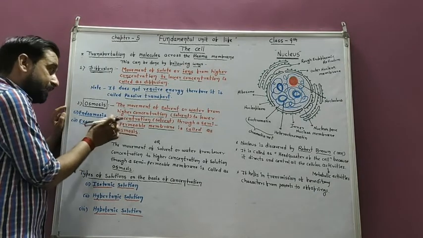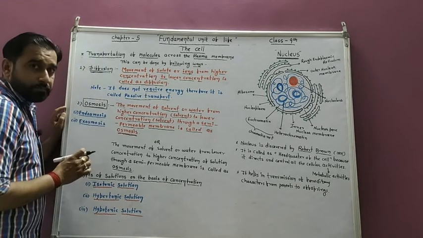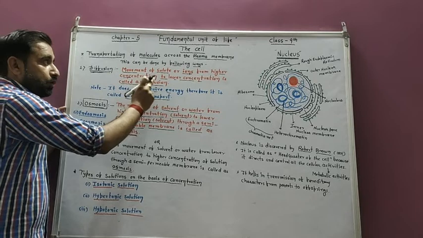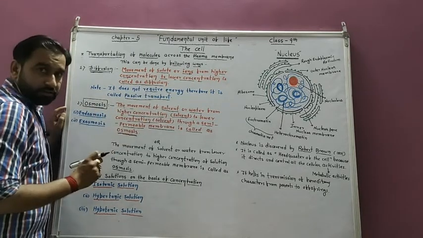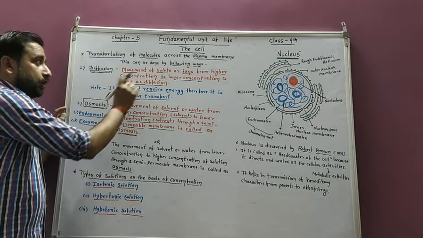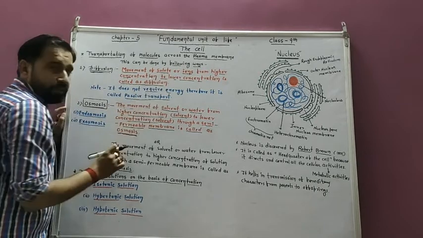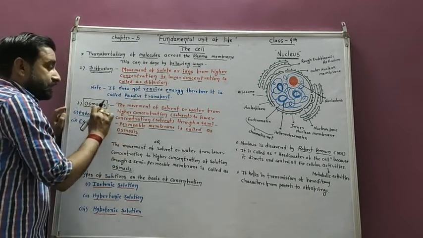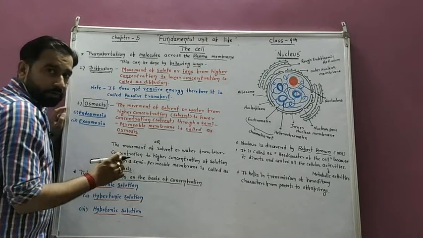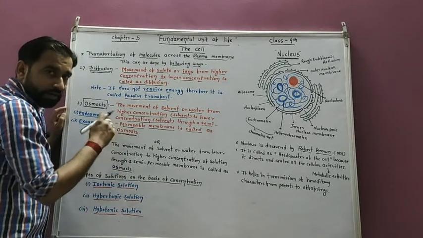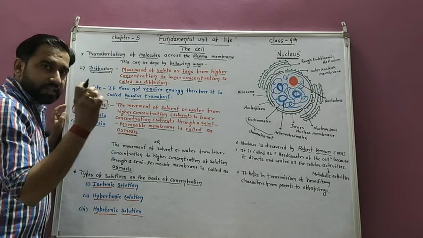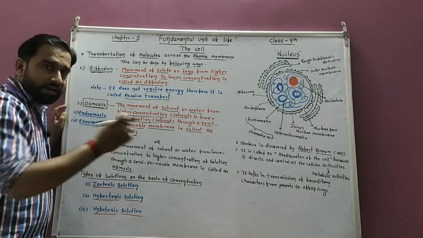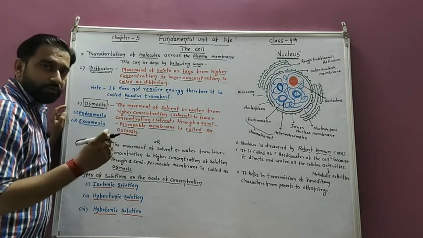So what is the difference between osmosis and diffusion? In diffusion, solute or ions move, but in osmosis, solvent moves. In diffusion no semipermeable membrane is present. Here the diffusion occurs through the semipermeable membrane. Semipermeable membrane means only selective molecules enter into the cell or come out from the cell.